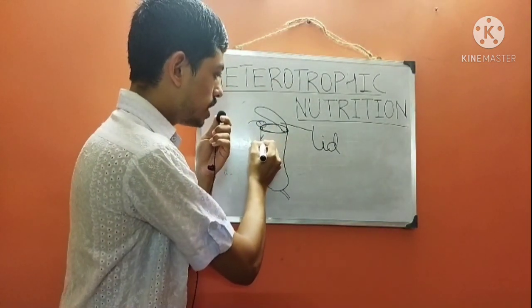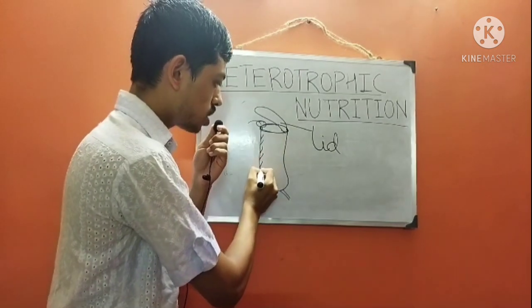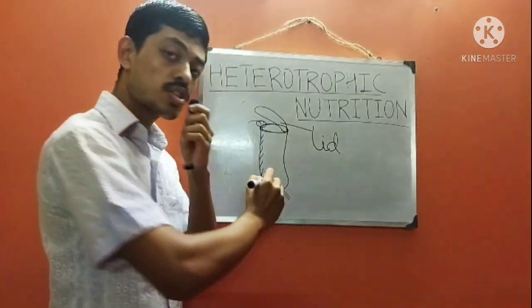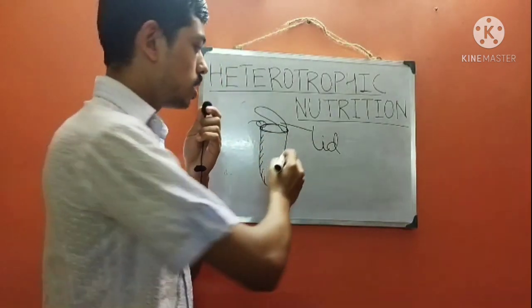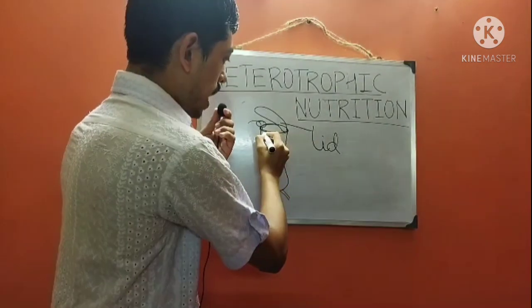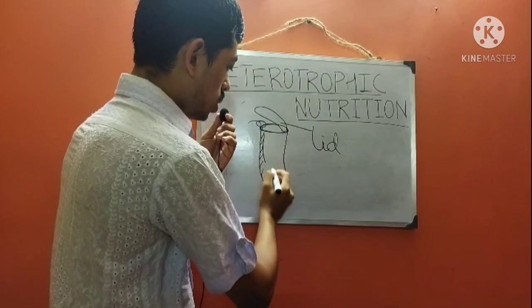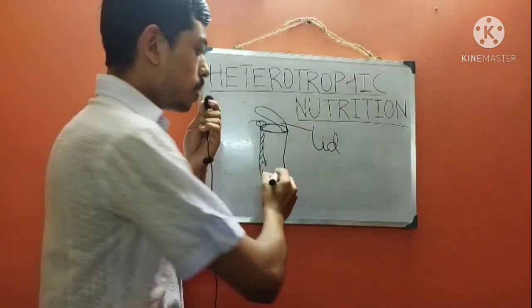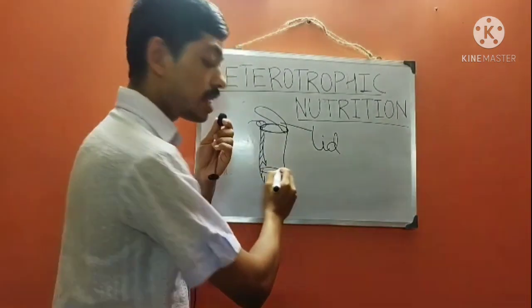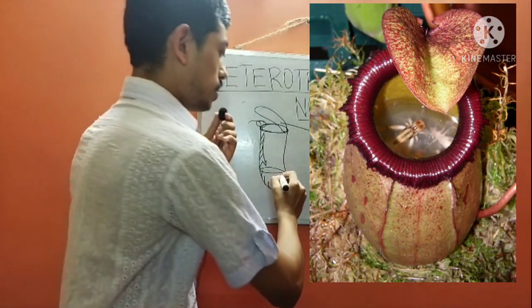Inside the pitcher, there are hair-like structures. What structures, students? Hair-like structures. What does it do? It helps move the insect to the bottom of the pitcher. The bottom of the pitcher contains digestive enzymes.